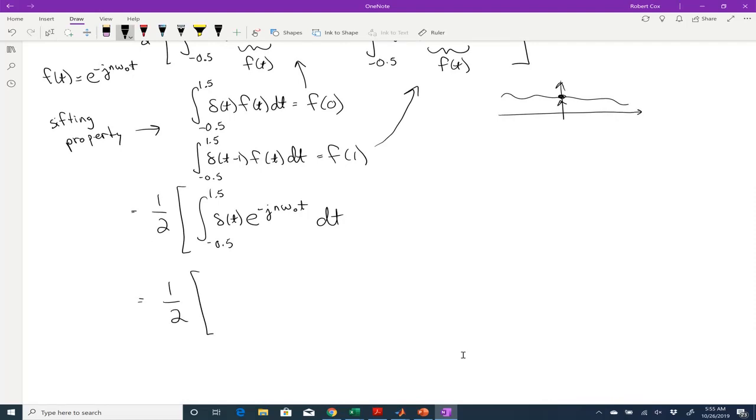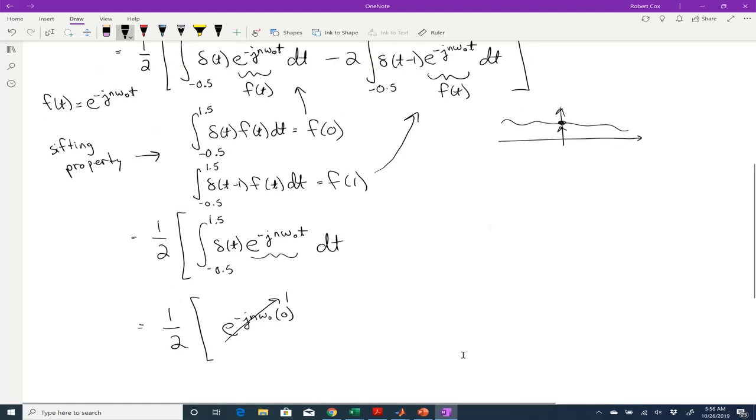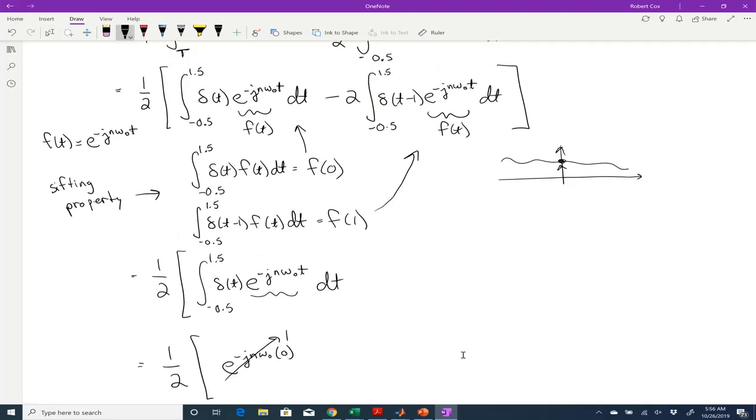But that means that this guy just becomes whatever this e to the negative j n omega naught t is at t equal to 0. Well, that's simply 1, okay? So I see this guy becomes e to the negative j n omega naught times 0, or ultimately the number 1, okay? Let's fill in the rest of the integral.